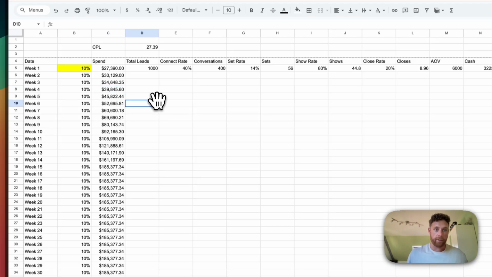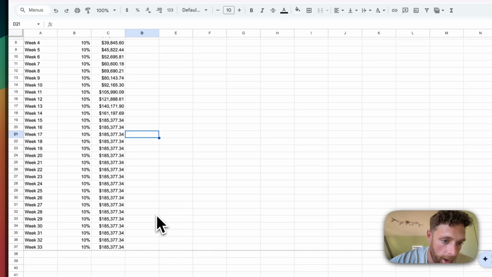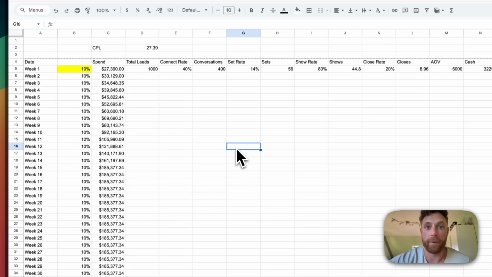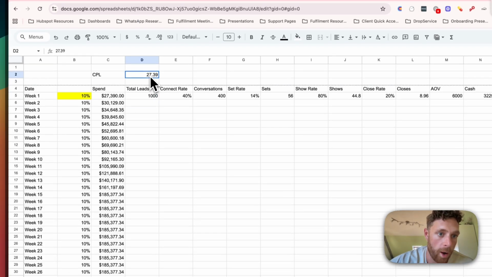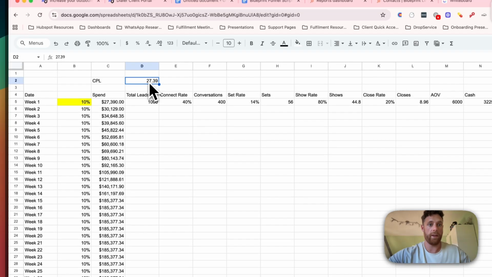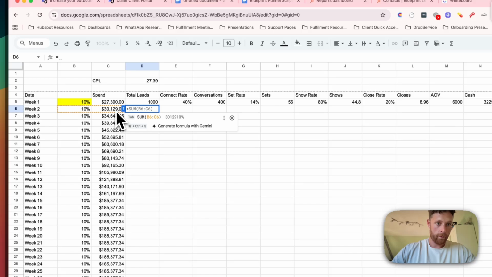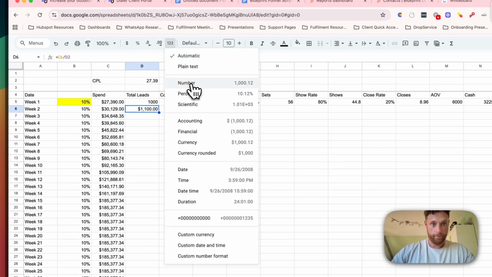So you can see, obviously, we're just increasing by 10% week over week, which is probably fair. 27, 30, 34, 39, pretty scalable. Now, obviously, this is going to go up. So if your cost per lead is here, then it's going to be this equals this divided by this. And this is a normal number.